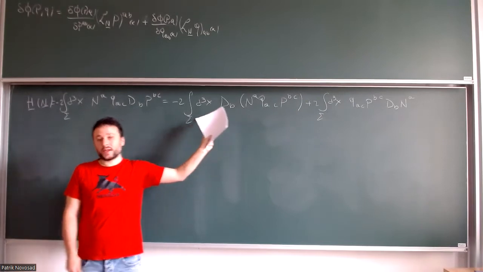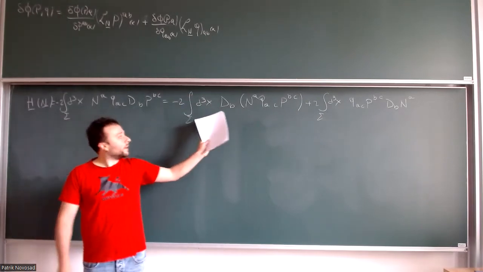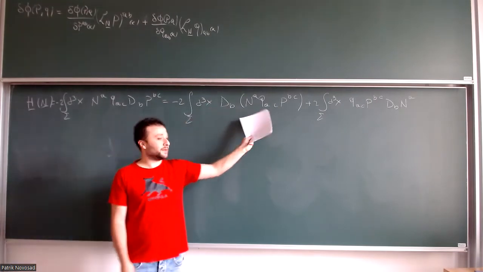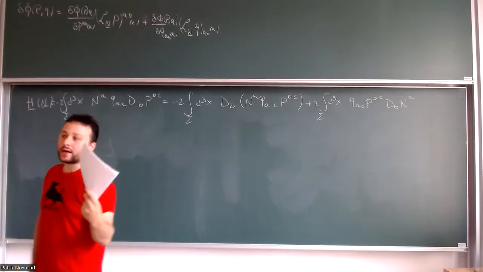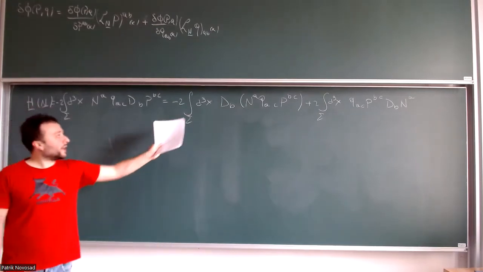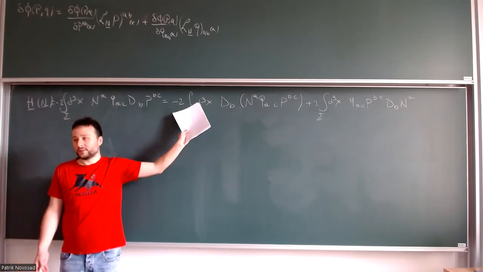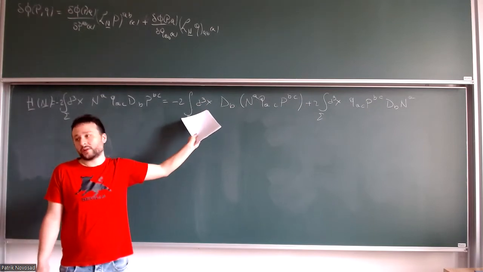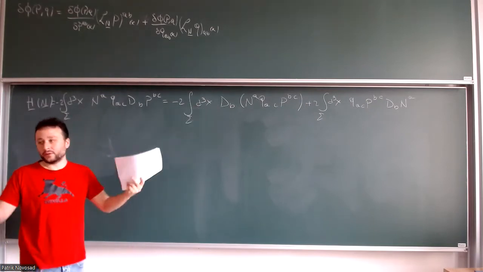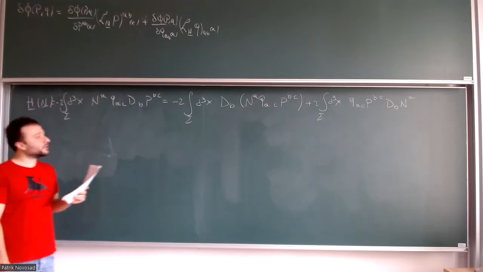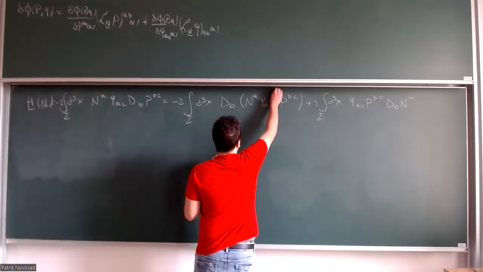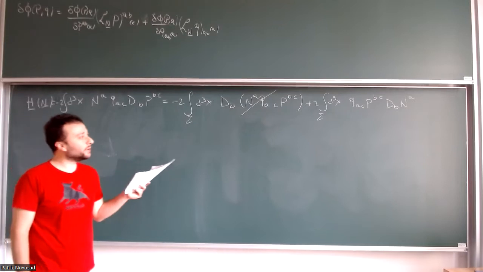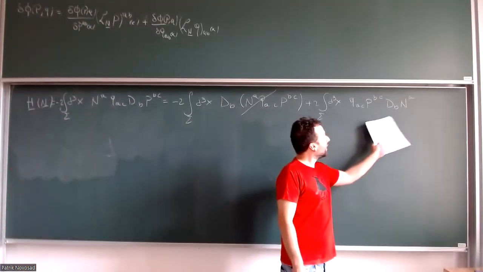The shift vector goes as 1 over r, and we also have a derivative. So we can see that this decays as 1 over r to the fifth. And so of course it's 0, because here we have only r squared and 1 over r cubed. So this is a boundary term that can be neglected, and we have only this one.